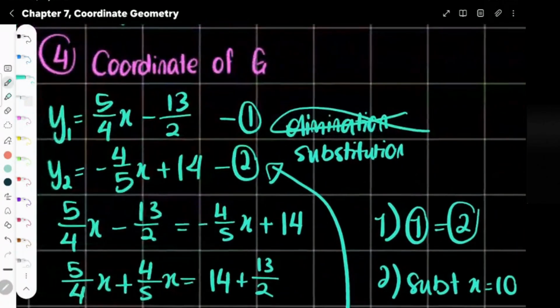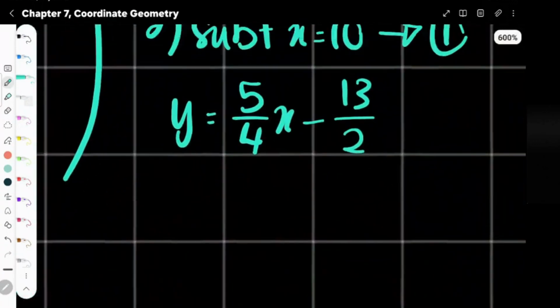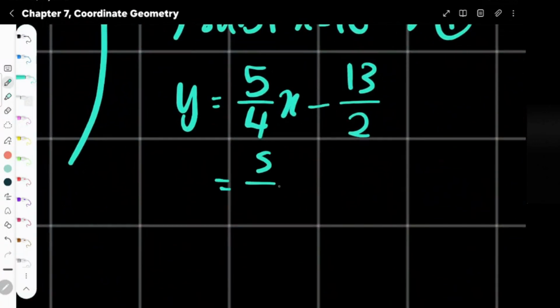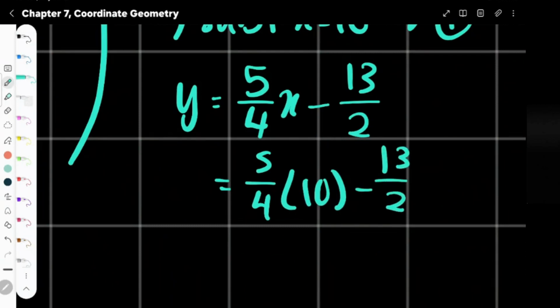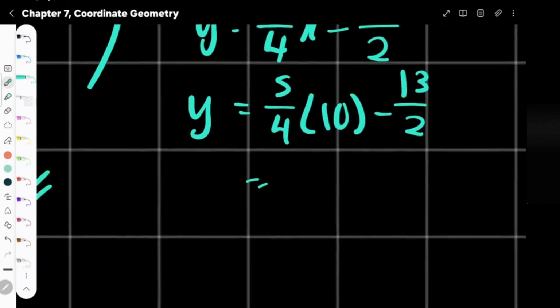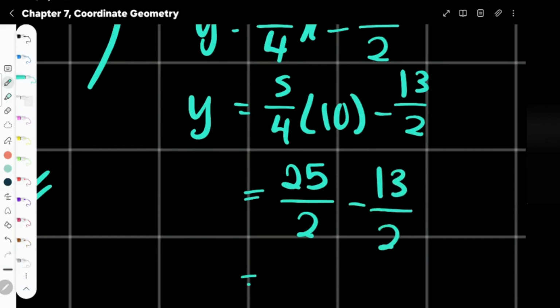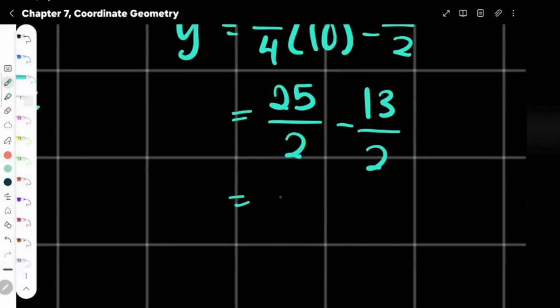X is 10, so 5 over 4 times 10, minus 13 over 2. 5 times 10 is 50, divided by 4 is 25 over 2, minus 13 over 2. 25 minus 13 becomes 12, 12 over 2, which is 6.